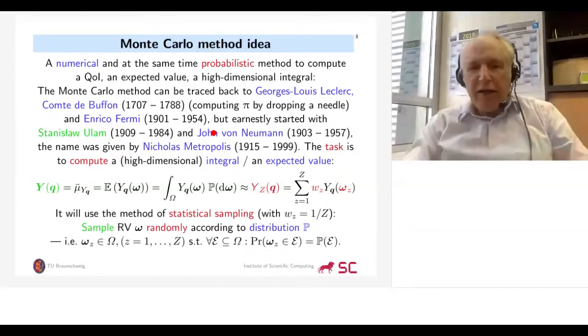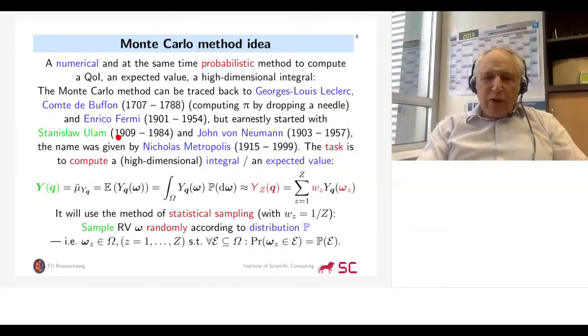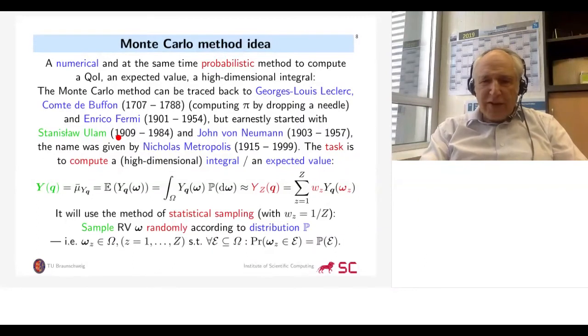They were all working in Los Alamos in New Mexico in the United States, building the nuclear bomb, the atomic bomb, and the hydrogen bomb, okay? And this is where these extensive computations came up, and this is where this was invented, okay? It's actually a little story he's telling how he invented it while he was sick and was playing patience with cards and was trying to compute the probabilities of winning.